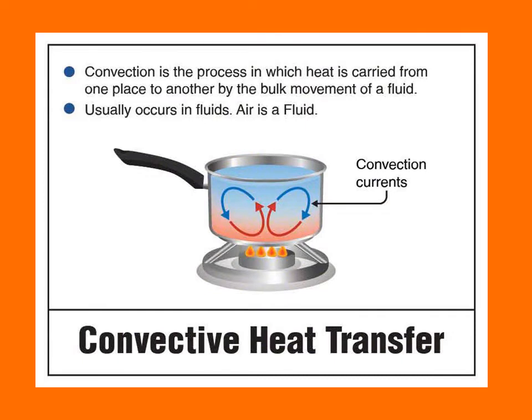In water, the liquid near the source of heat gets heated first, then becomes lighter due to heat and moves upward. The cold water from the sides moves downwards towards the source of the heat. This process continues till the whole water gets heated.